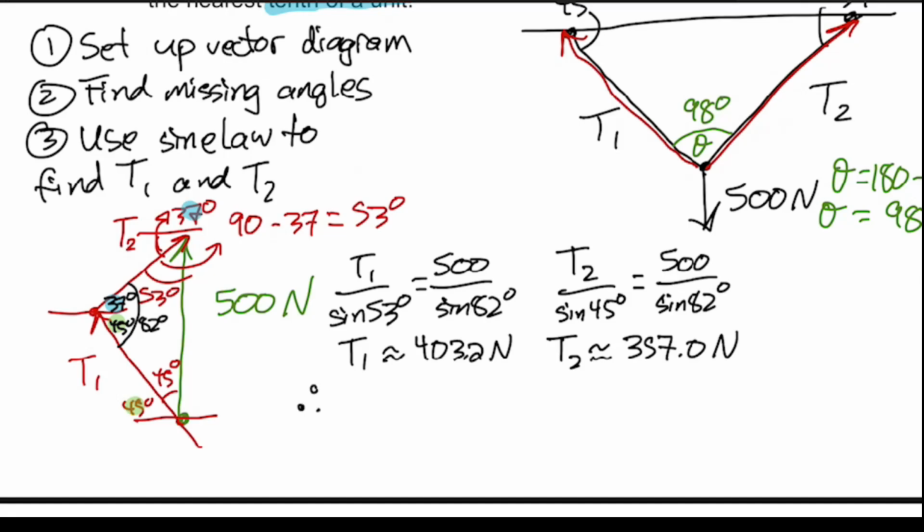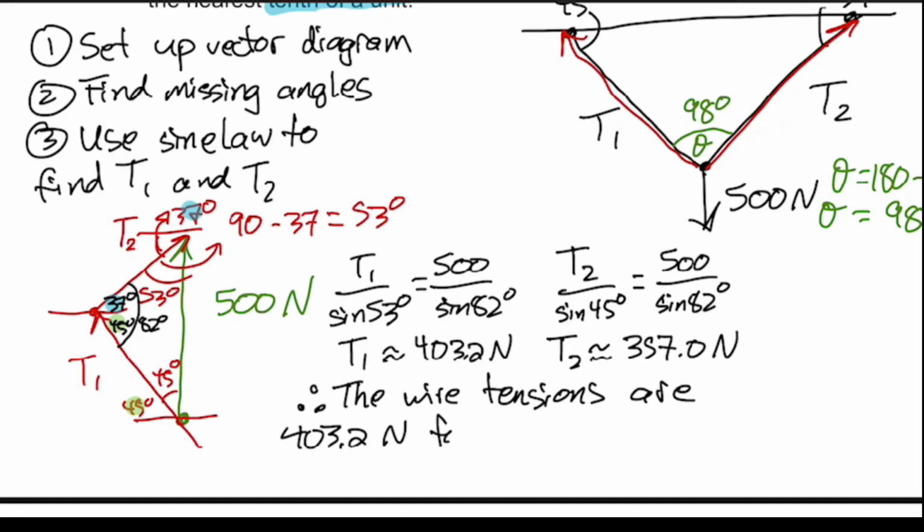So, therefore, the wire tensions are 403.2 newtons for T1 and 357.0 newtons for T2.